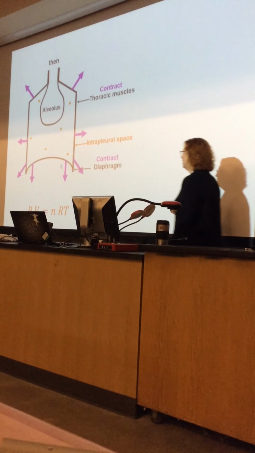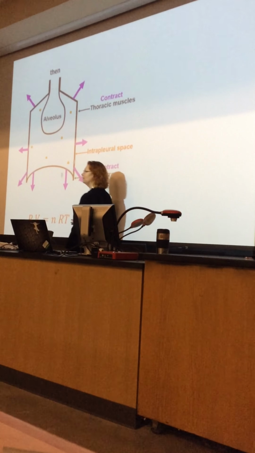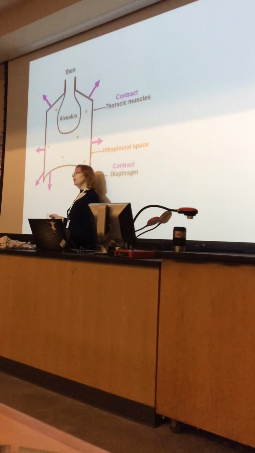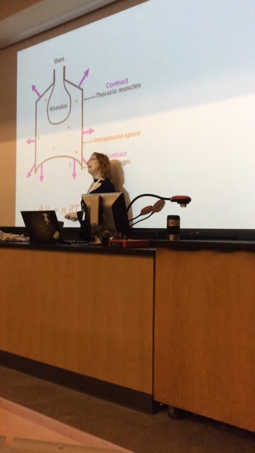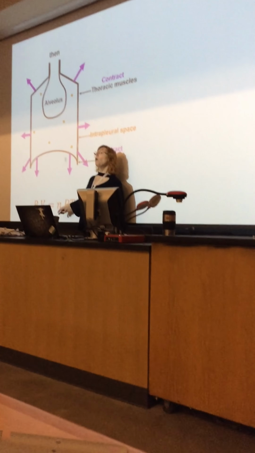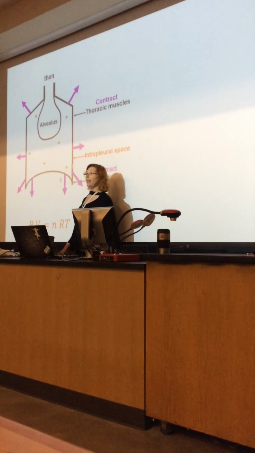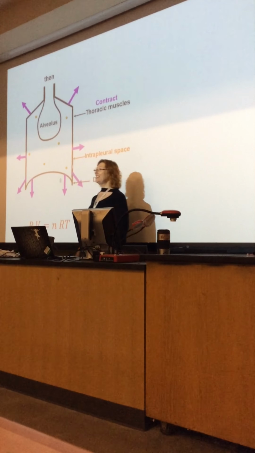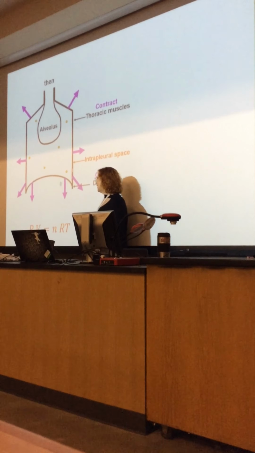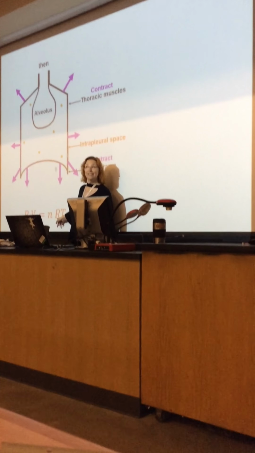What's P? Pressure. What's V? Volume. What's n? Number of moles, and it's always written as a lowercase n, by the way. Capital N is newtons. It's an entirely different thing. What's R?